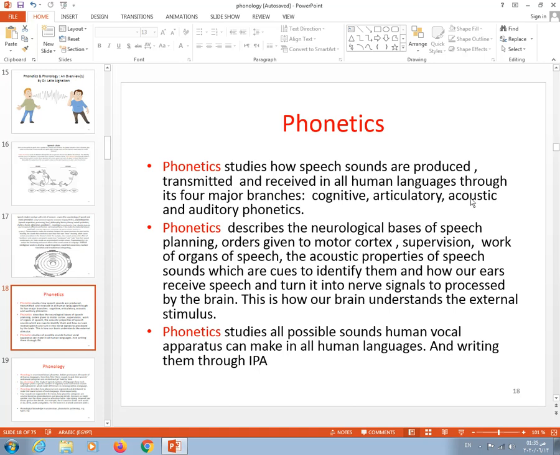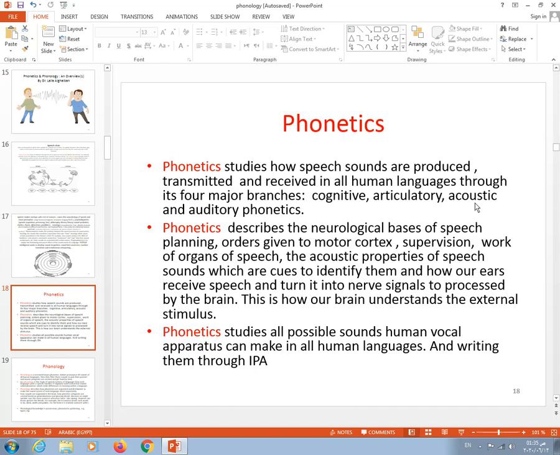Acoustic phonetics is related to how speech signals are described physically in terms of the frequency, the resonances, the timing or duration of the acoustic signal, and a bundle of features that must be there in order to allow us as listeners to process.